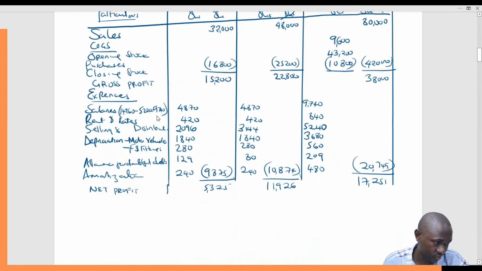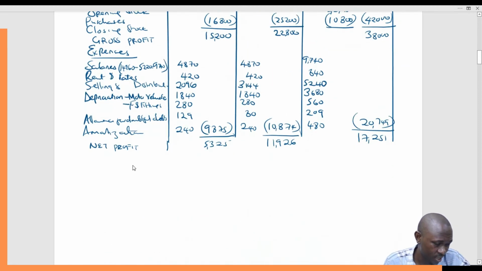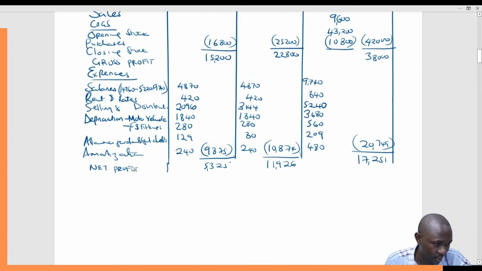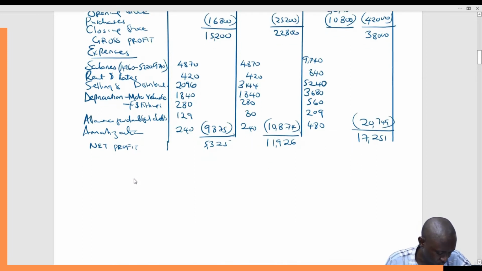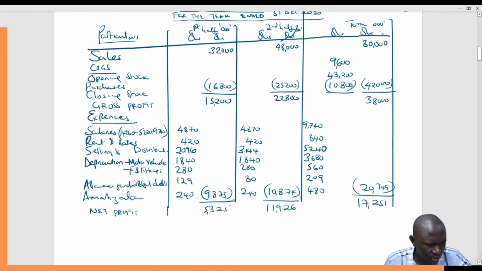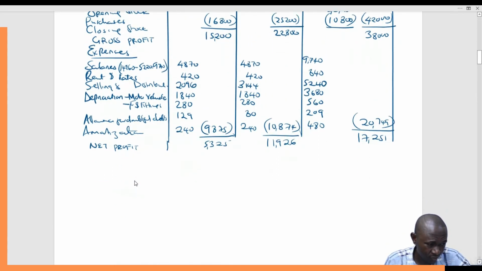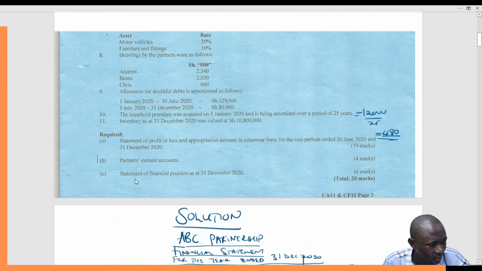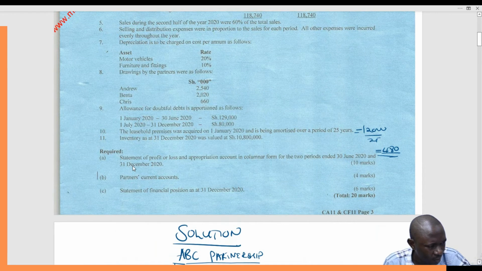This is a profit and loss. So we go to the appropriation account. For us to capture the appropriation account very well, we need to do some workings.